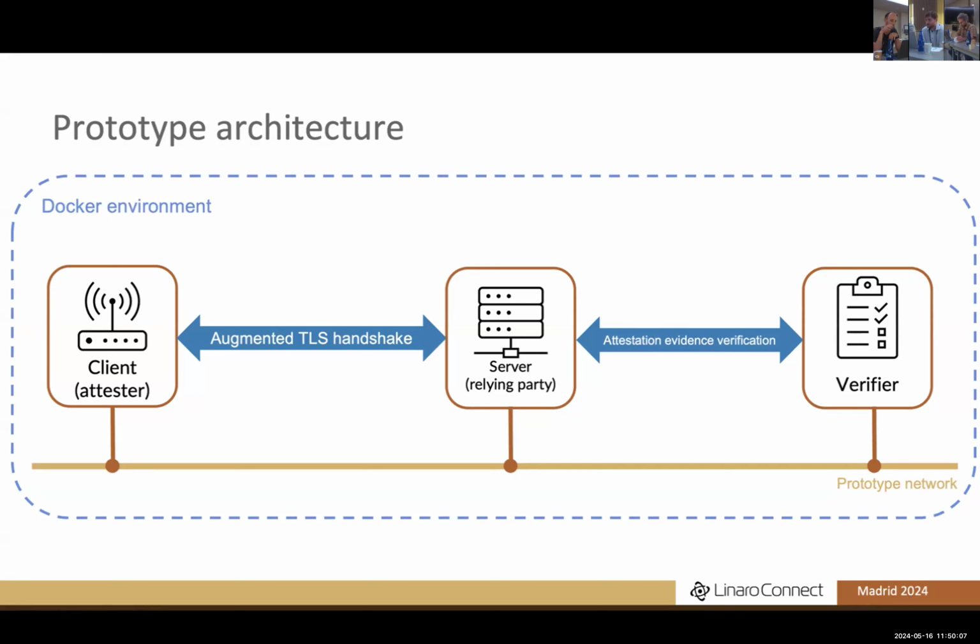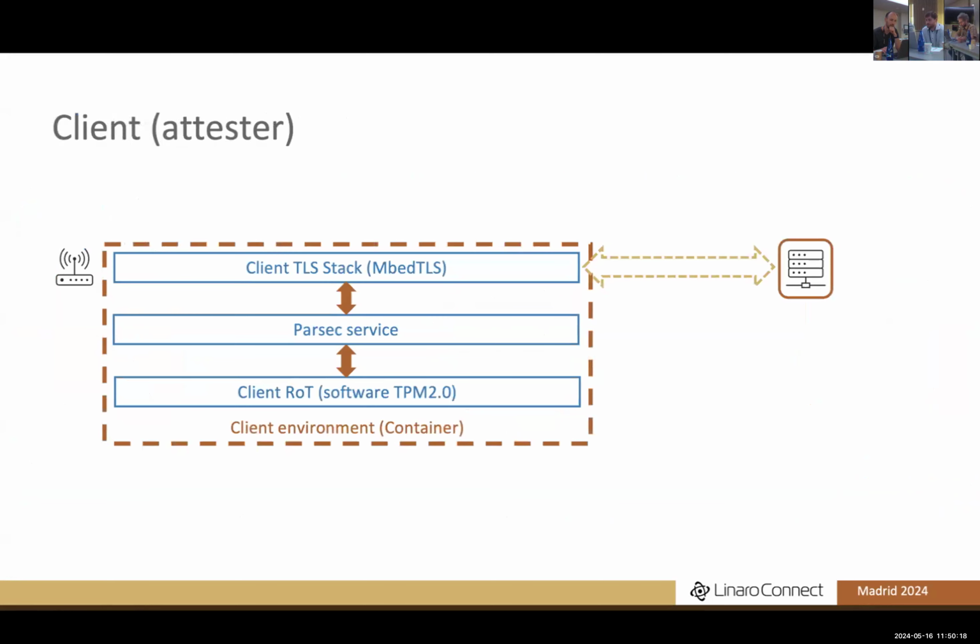And I will be looking a bit deeper into each of these components, to what we have to implement for each of them. So starting with the client, the attester. The container that we're using, so we're using TPM 2.0 as the base root of trust. We're using a software version, obviously, since we're trying to spin this up easily anywhere.